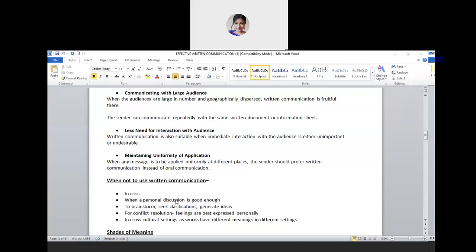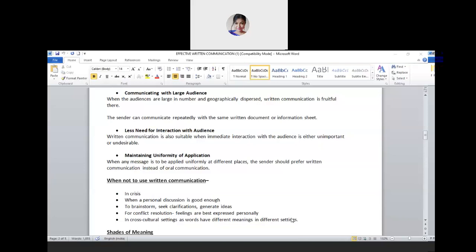Next is when a personal discussion is good enough. Sometimes it's not necessary to write and communicate. Sometimes a personal discussion is enough. If there is some problem, if there's some issue going on, sometimes a personal discussion is enough to sort out the problem, to resolve the conflict.